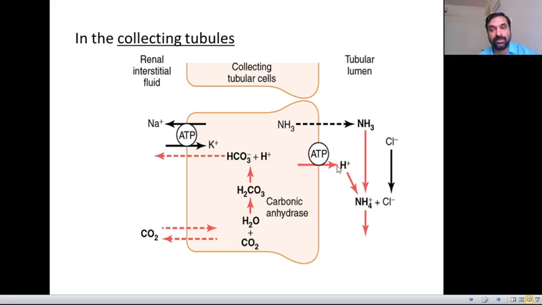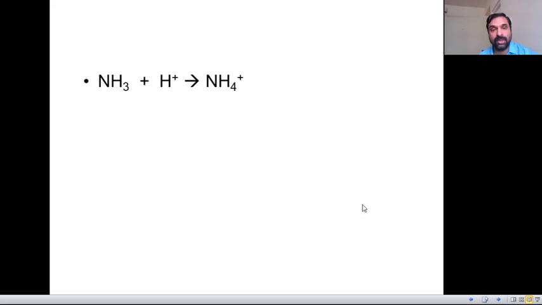Inside the tubular lumen, this NH3 combines with H plus to form NH4 plus, right? And once it is converted to NH4 plus, it is not reabsorbed back. So it is trapped in the tubular lumen.